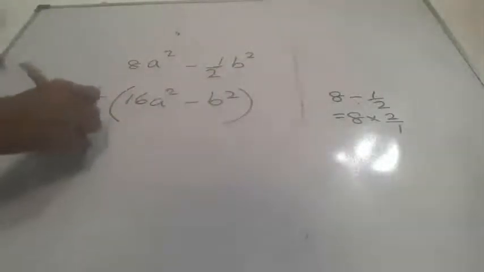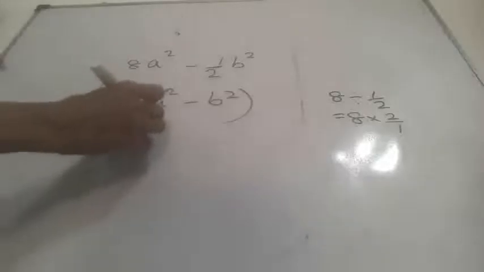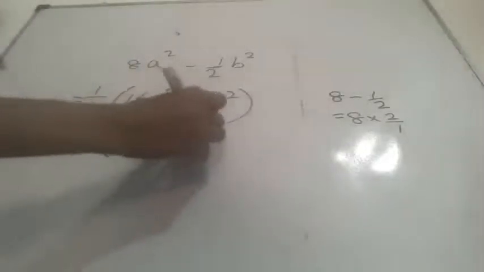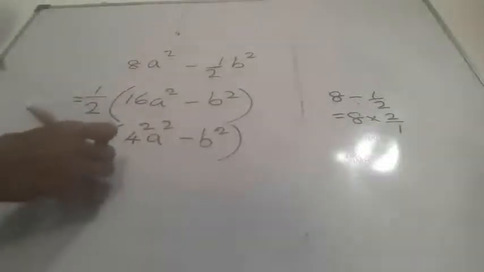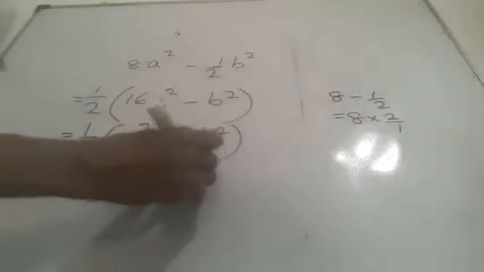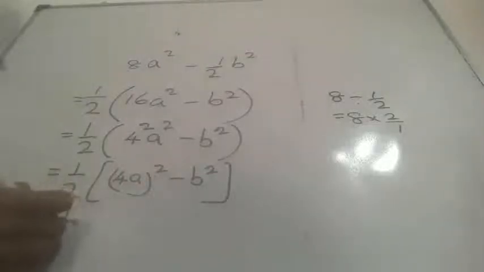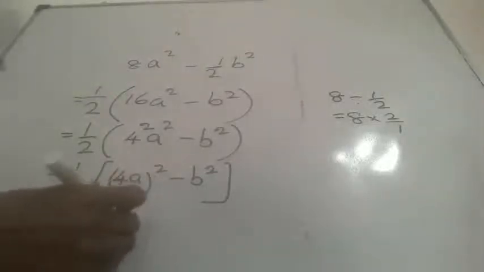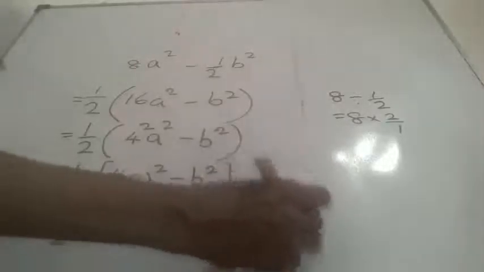We can write 16 as 4 squared. Half times 4a squared subtract b squared is equal to half times 4a plus b, 4a subtract b.